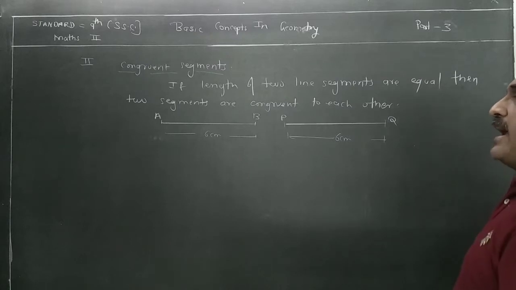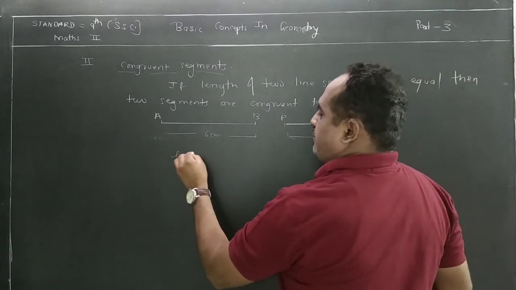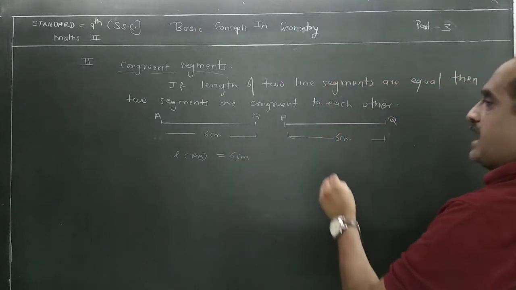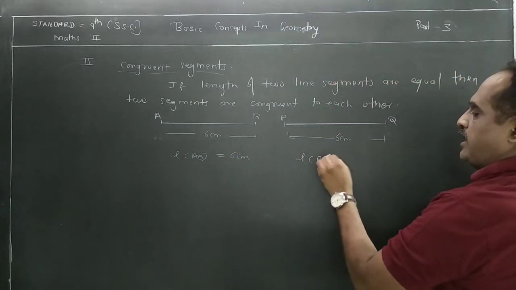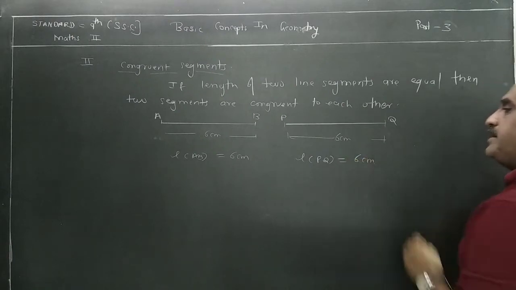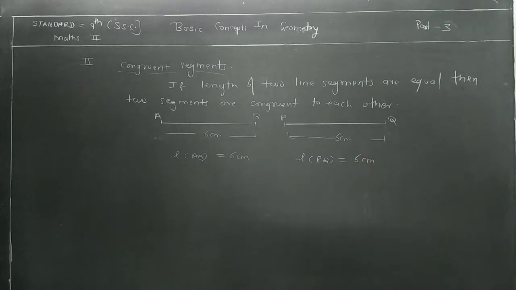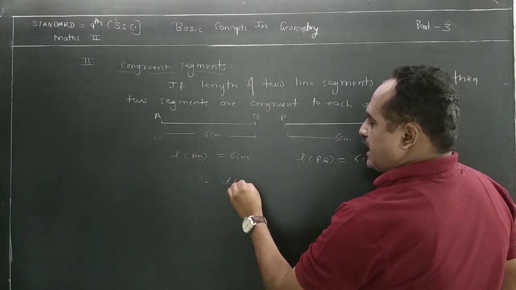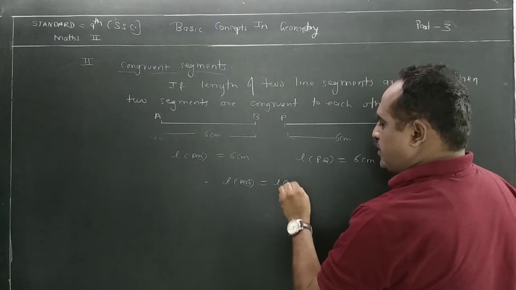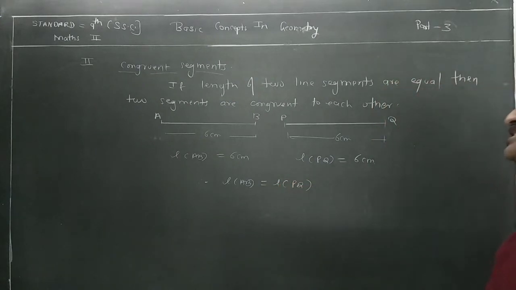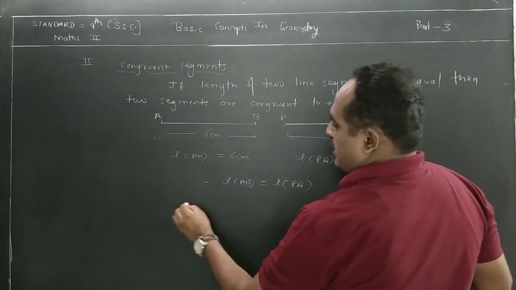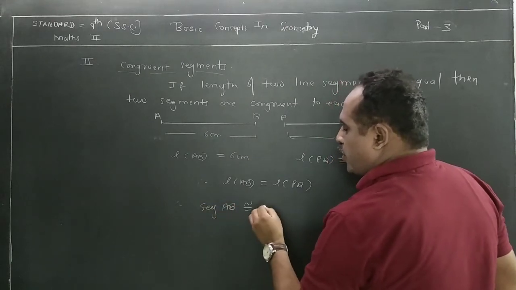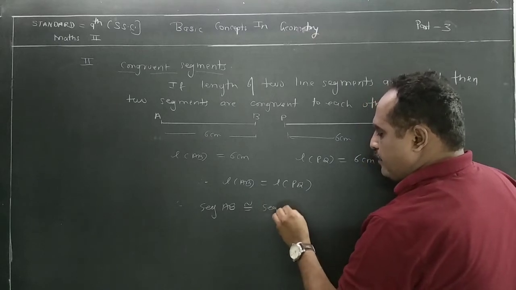So what can I say then? Length AB is equal to 6 centimeter, and length PQ is also 6 centimeter. If they are equal, then we can say that length AB is equal to length PQ. So these two segments: segment AB is congruent to segment PQ.